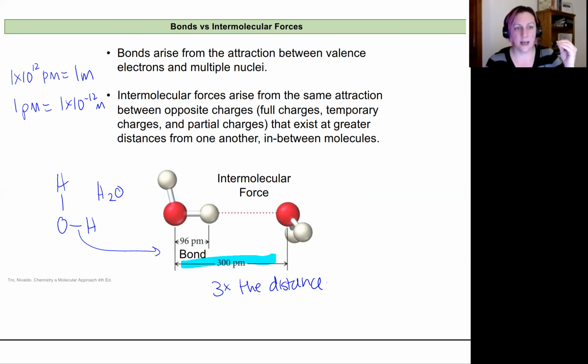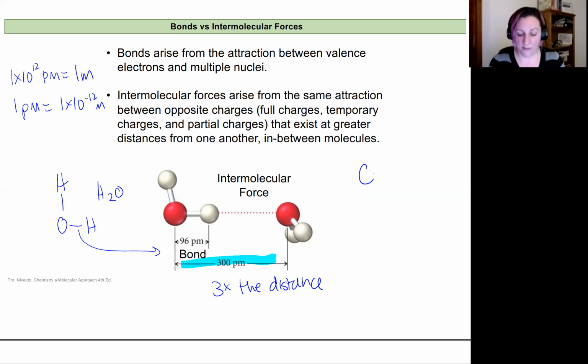Now, this is a bond between a hydrogen, which is small, and an oxygen that isn't that big, but also one that has an electronegativity difference that's significant. So just for reference, you can always go look at bond strength or bond enthalpy tables to get an idea of how strong a bond is, and so maybe how long it would be.